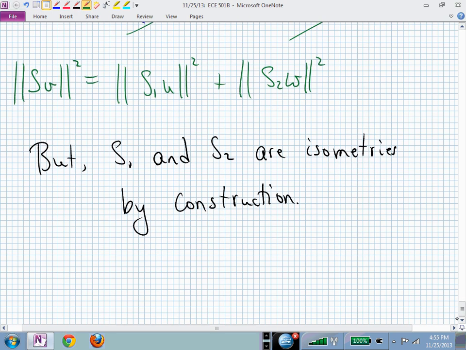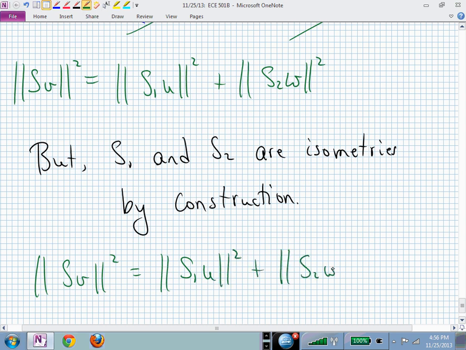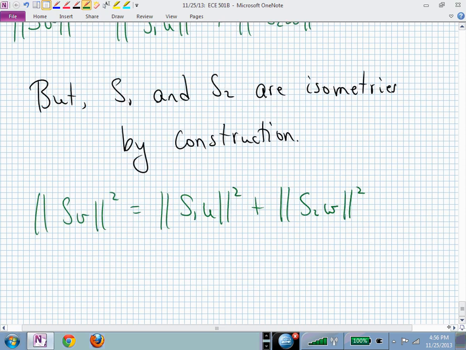Which now allows me to say that this norm of SV squared, if S1U is an isometry, is equal to the norm of U squared. Let me go ahead and show it all. This is now S1U squared plus S2W squared. But this is now just U squared plus W squared.